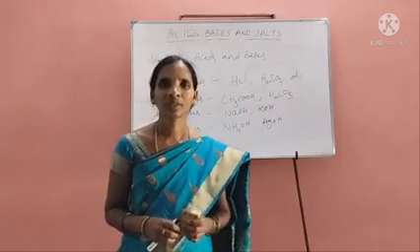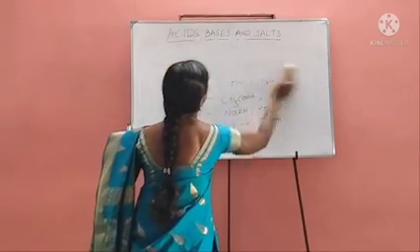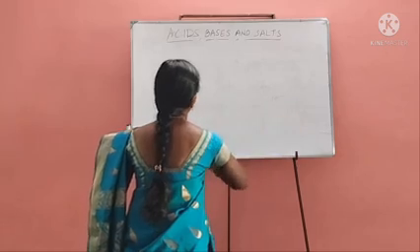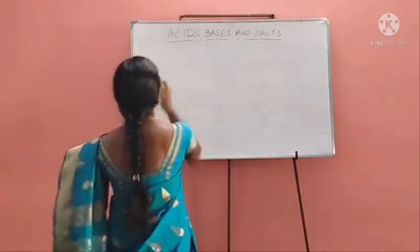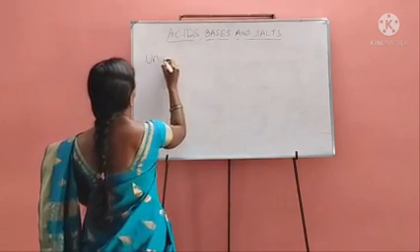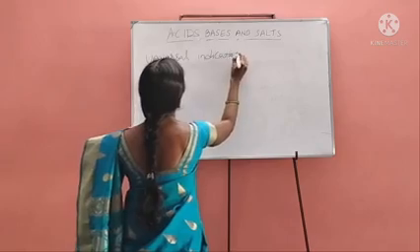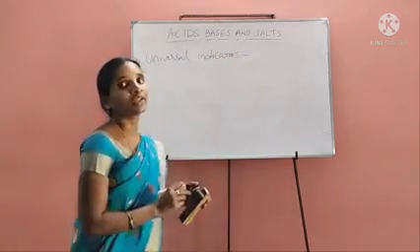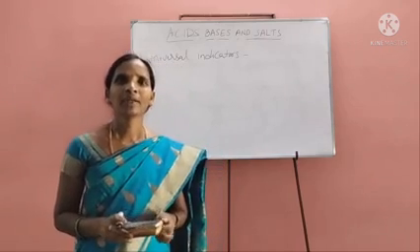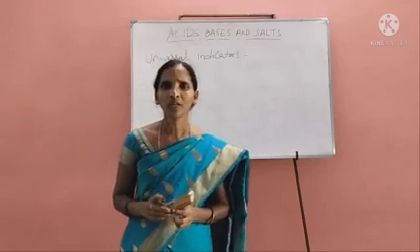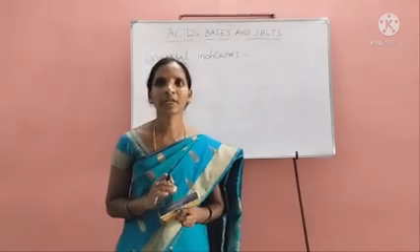Next, we discuss universal indicators. Using litmus paper, phenolphthalein, methyl orange, etc., only the acidic or basic characteristics of a solution can be determined.